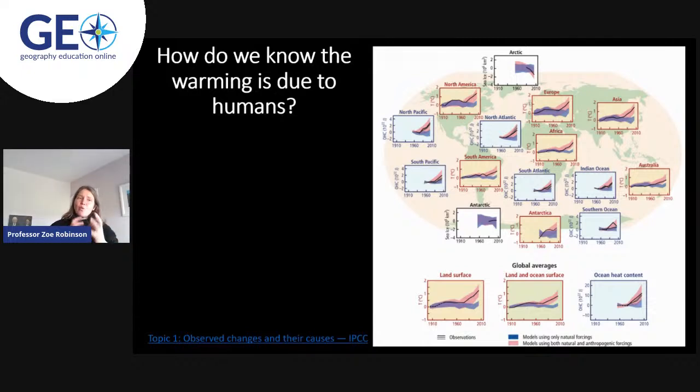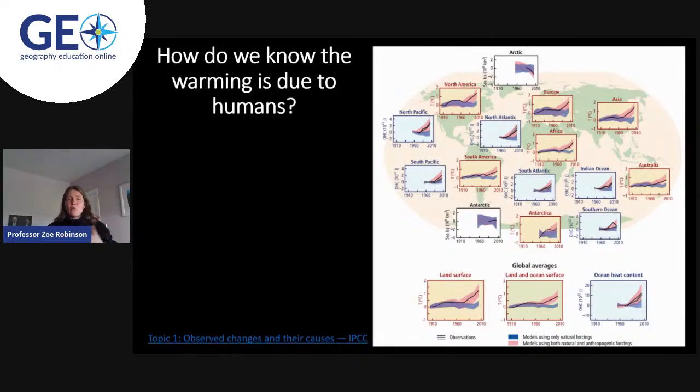And it's only where we have computer models which include human factors that those computer models match the observed temperature changes that we see. Whereas if we run a computer model which just looks at natural forcing factors, natural factors which affect climate, that gives us that blue shading, and we see that actually that is a long way off from our observed temperatures.